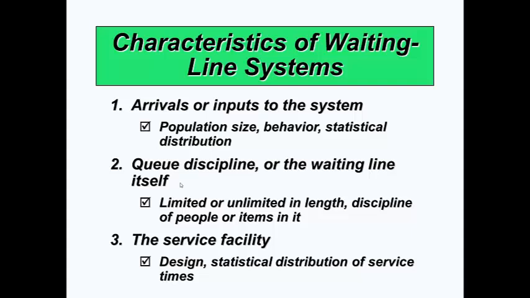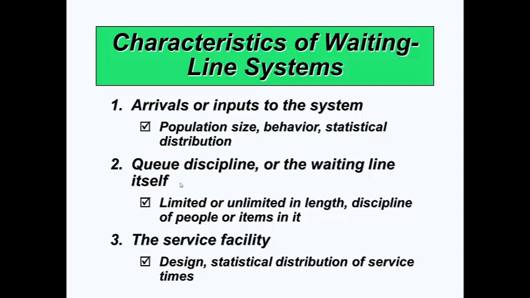Similarly, if the service facility can process 30 customers per hour, on average it takes 2 minutes per customer. One customer may take 1 minute, another customer may take 5 minutes, but on average, if the service rate is Poisson distributed with 30 per hour, then the average service time is 2 minutes.